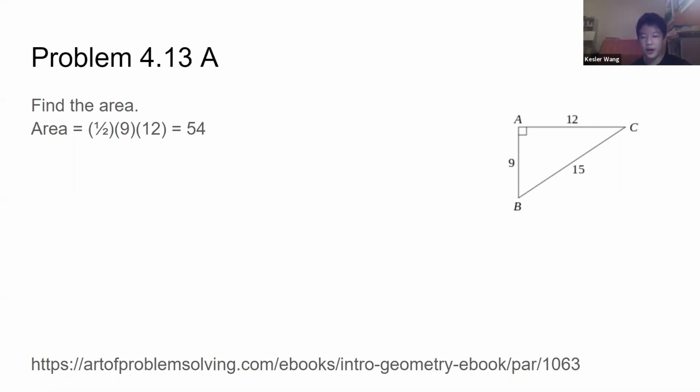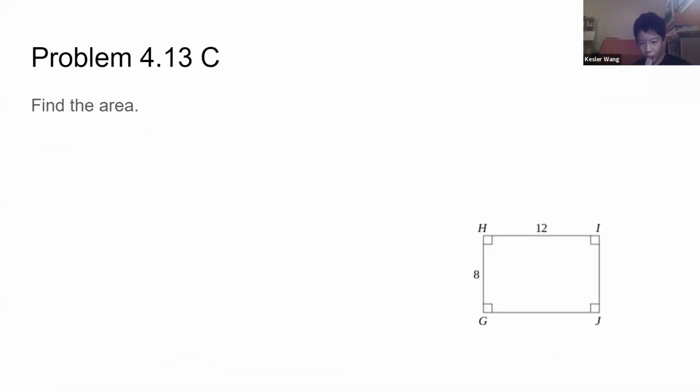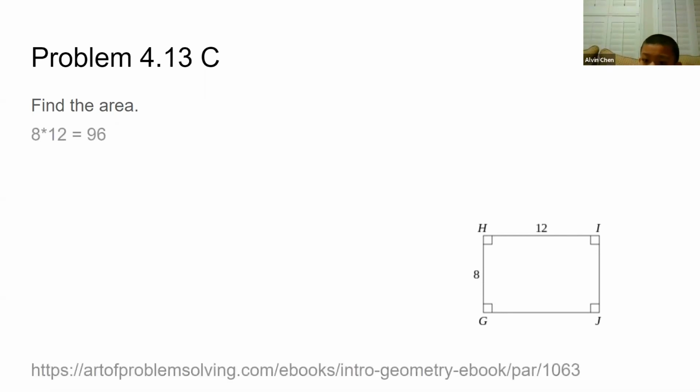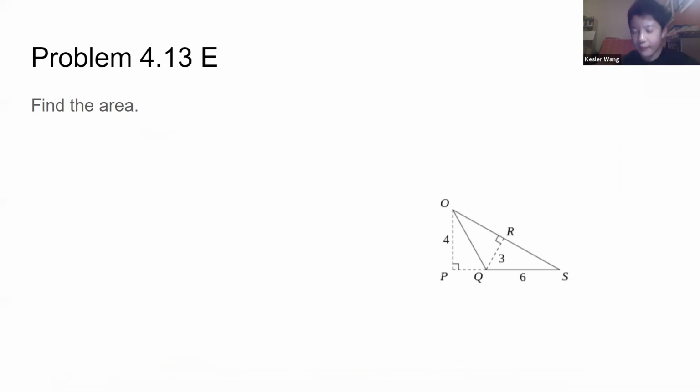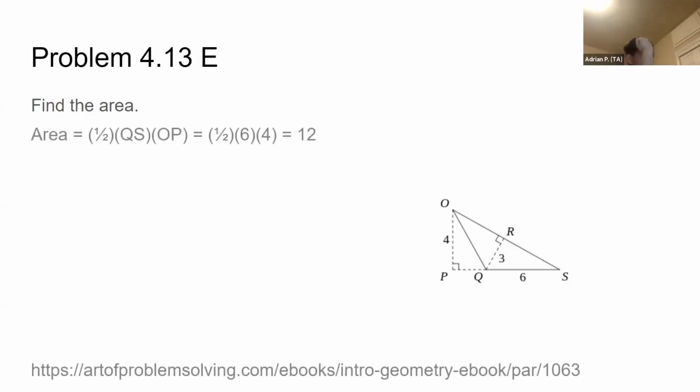Okay, so this should be quick. What's the area? 96. Correct. All right. Find the area. It's this big triangle. You're going to have 4 times 6 divided by 2 being 12.